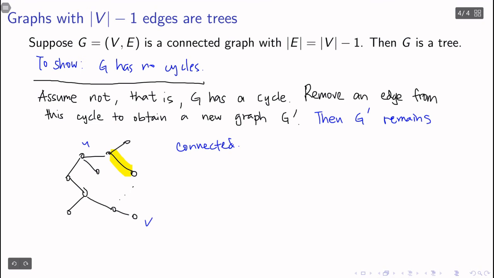Okay, so one way you could argue that more convincingly is to just say the following. Any pair u, v of vertices in G or in G prime, they have the same vertex set, will still have some path between them.